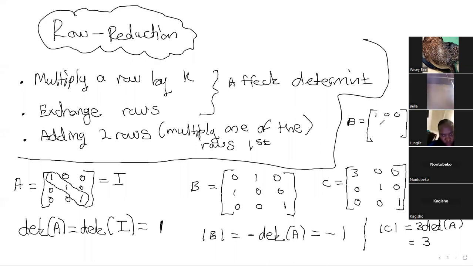Row 1 and 2, this would be 1. This would be 1. This would be 0. This would be 0, 0, 1. Then the determinant of D will just be 1. This doesn't affect it when you add. The only two that affect it are when you swap rows or you multiply a row by a constant.